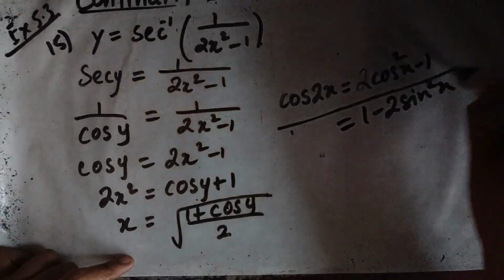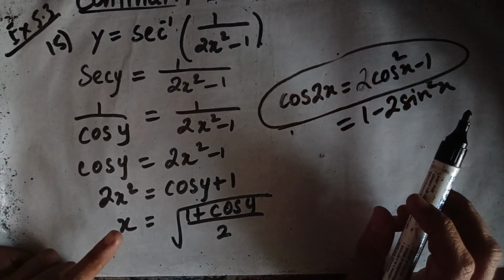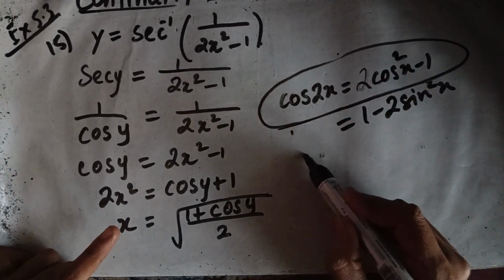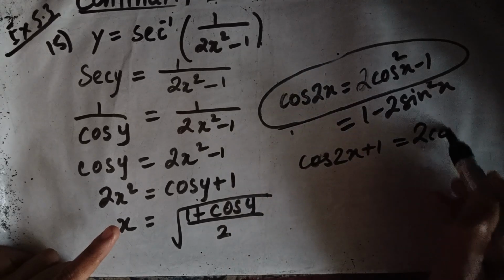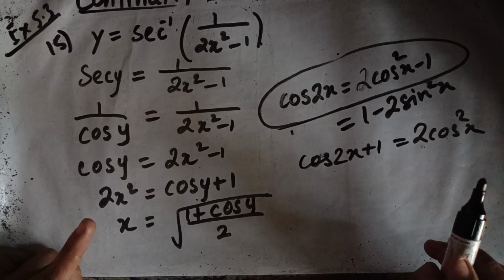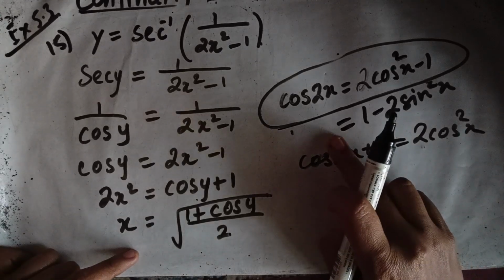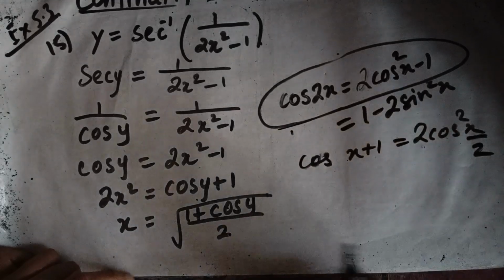Okay, so we are using this cos 2x equal to 2 cos square x minus 1. So if I take cos 2x plus 1, then 2 cos square x. Okay, so I'll write this 2x as half angle. So dividing by 2, you will get here x by 2.